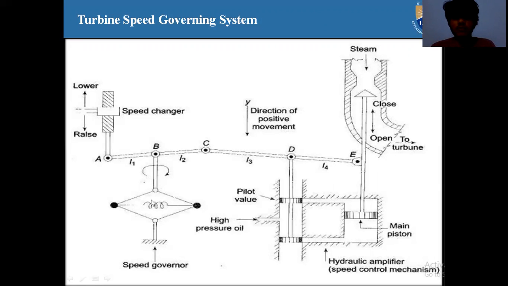So when there is a high load, the beams of the speed governor move away from the speed governor, and these rotate when there is a high load, and when there is a low load, these two come together. So in this way the turbine speed governing system works.